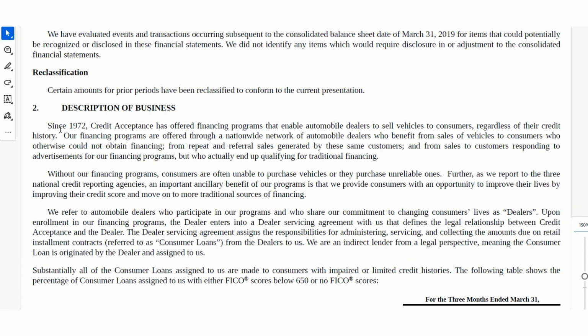All right, since 1972, Credit Acceptance has offered financing programs that enable automobile dealers to sell vehicles to consumers regardless of their credit history. Financing programs are offered through a nationwide network of automobile dealers who benefit from the sales of vehicles to consumers who otherwise cannot obtain financing, from repeat and referral sales generated by these same customers, and from sales to customers responding to advertisements for our financing programs, but who actually end up qualifying for traditional financing.